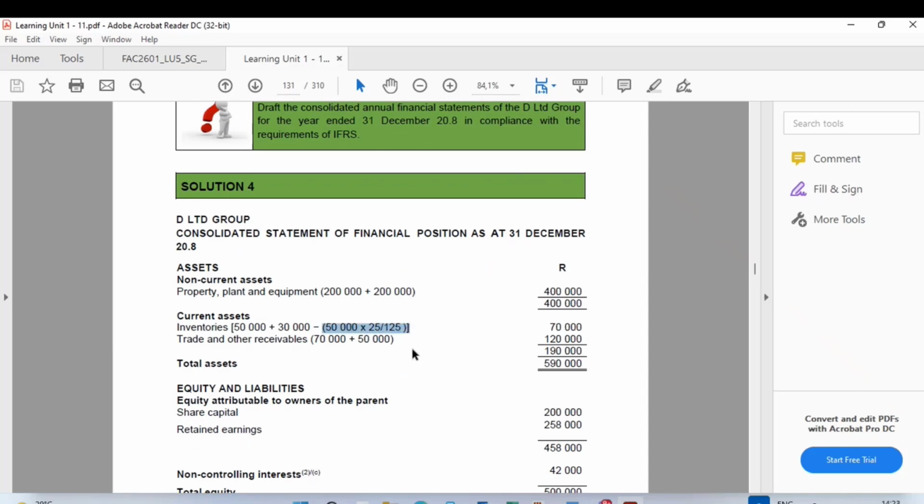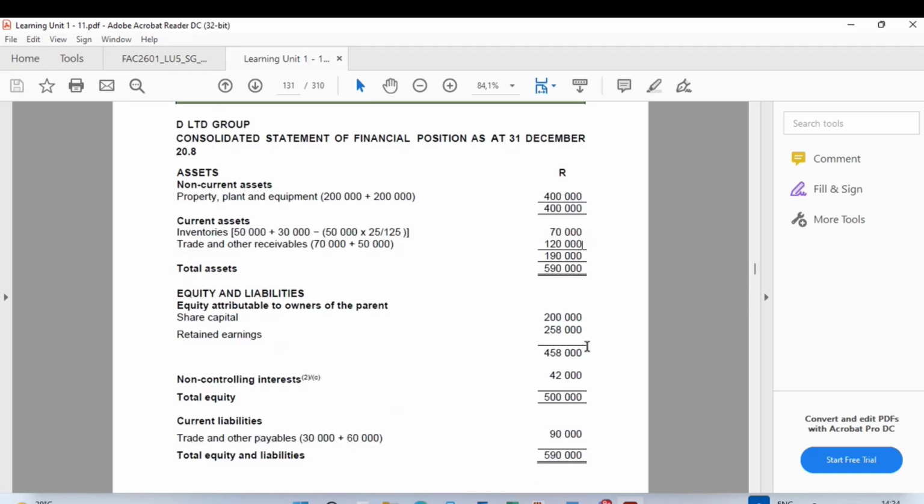Yes, sir. The reason we are subtracting it is because it's unrealized. Unrealized meaning it's not yet sold. As far as it's closing inventory at the end of the financial year, it means it's not yet sold. It will be unrealized. Then we get 70,000. So the trade and other receivables is just straightforward, no issue.